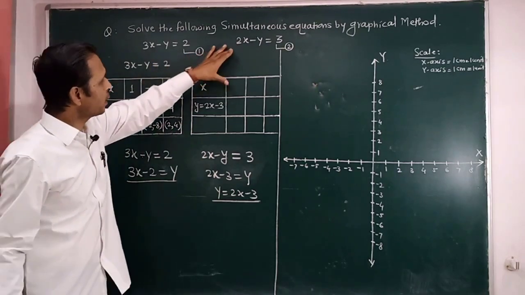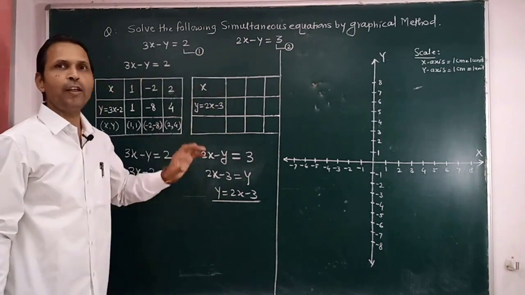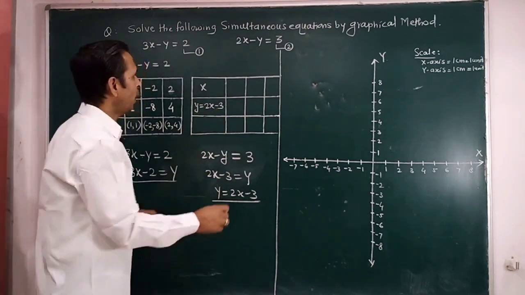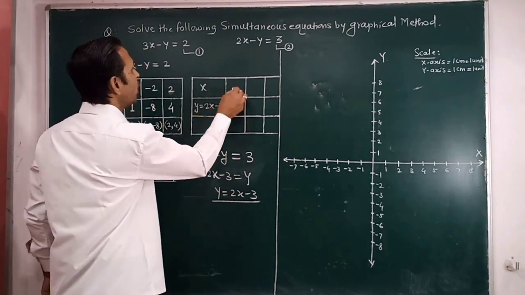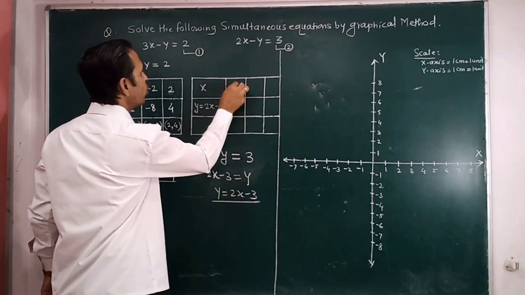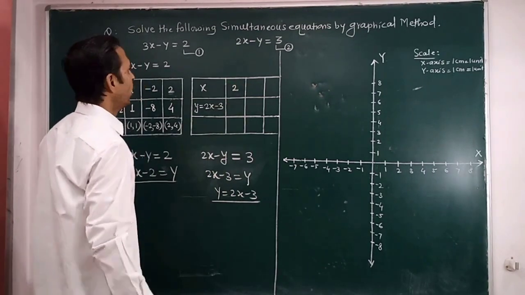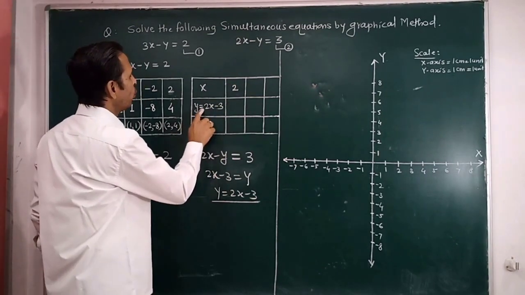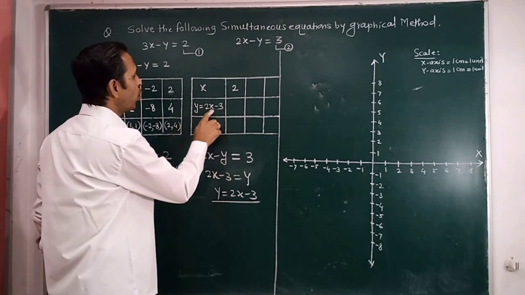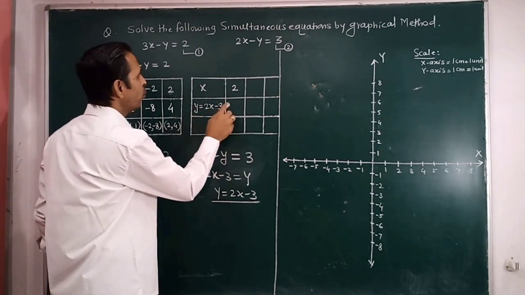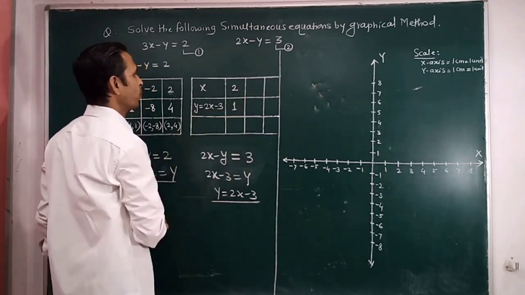Now for the next equation, again put the value of x and find out the value of y. Suppose we put the value of x as 2, then 2 into 2 is 4. 4 minus 3 is 1.